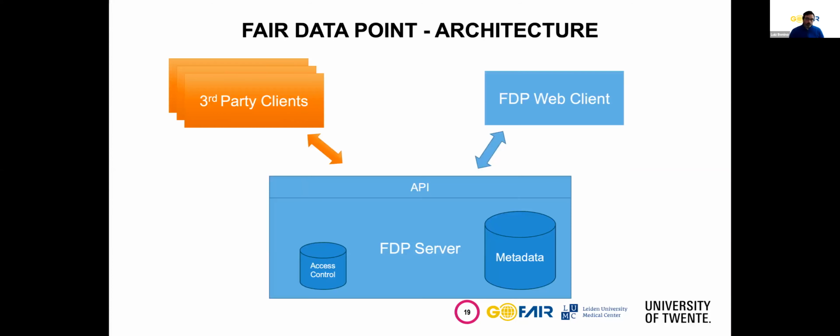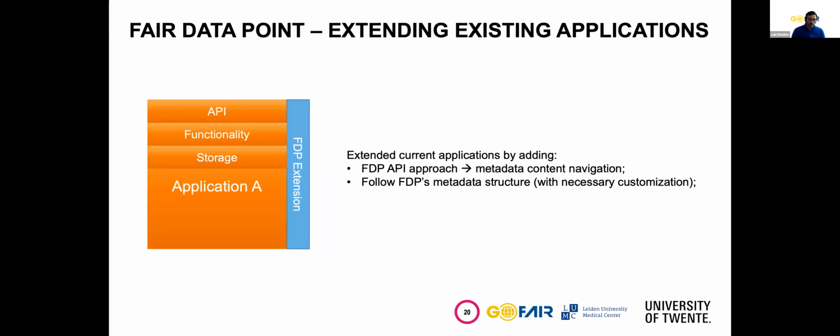So this is the basic architecture. If you don't want to use our reference implementation, you can use the specification, and then you have your own application that stores things and has some specific functionality, some specific API.